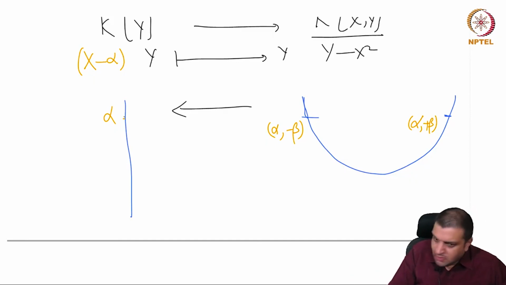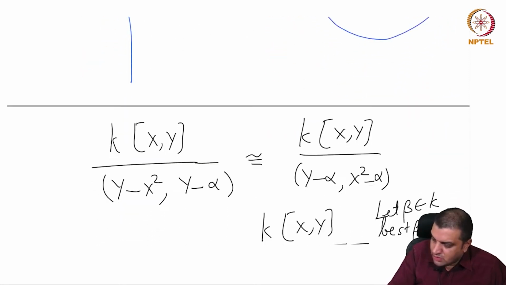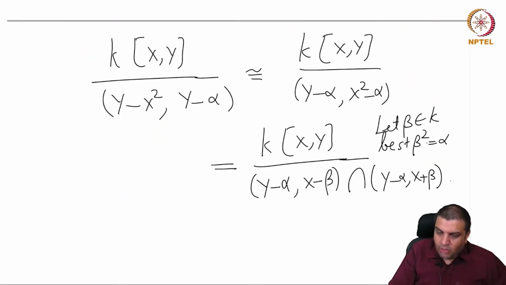However, there is just one point that we should look at. What if alpha is 0? This assumes that there are 2 distinct things, alpha non-zero. So this is only if it's non-zero.